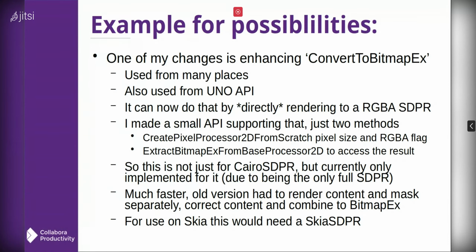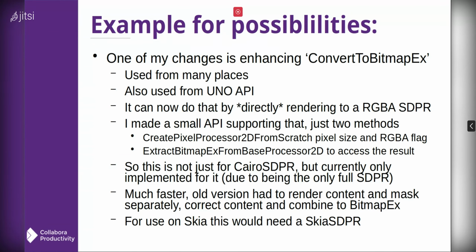And there's an extract bitmap X from base processor 2D to get back the result to use it if you want. So this is not just for Cairo SDPR, but would be useful for any future SDPRs.